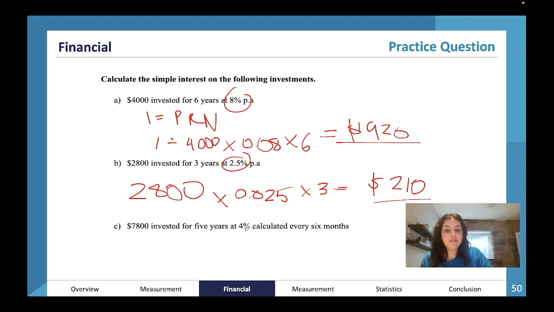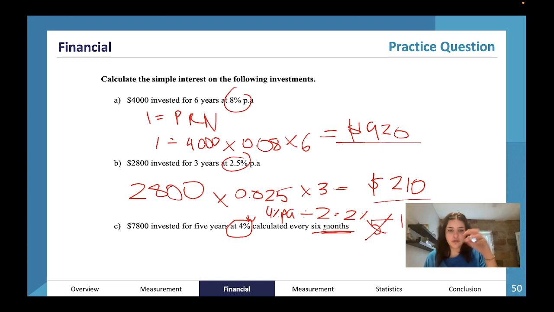$7,800 invested for 5 years at 4%, calculated every 6 months. Number one, it doesn't say per annum, so we're going to understand that this is a 6-monthly interest rate. If it was 4% per annum, calculated every 6 months, we would have to divide it by 2 to get our 6-monthly rate. But because it doesn't say per annum, we're just going to write 4% every 6 months for 5 years. So there's not 5 time periods, there's 10, because there's 10 lots of 6 months in 5 years.